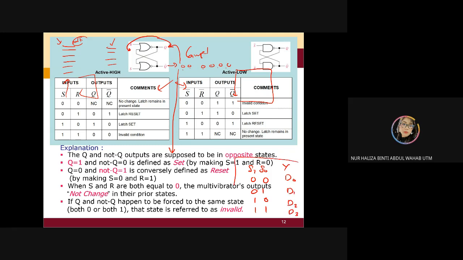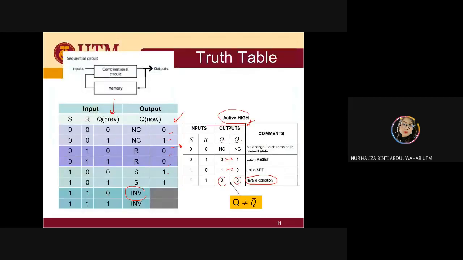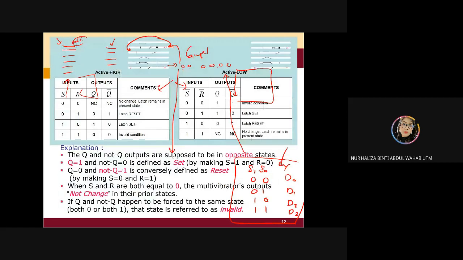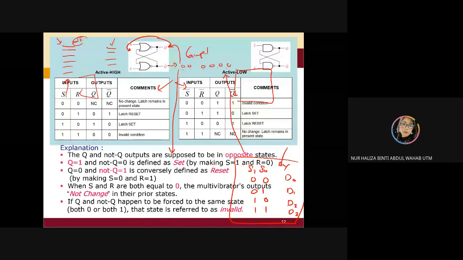How can you get to this conclusion? You need to derive it one by one as I did in our class, deriving it also into the circuit. When you derive, then you can see, oh, you will get this.